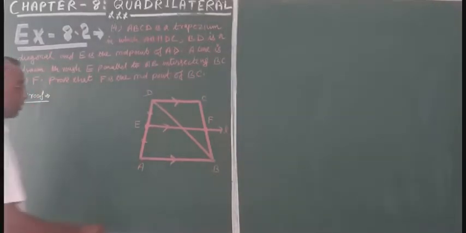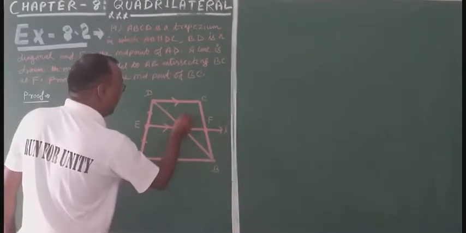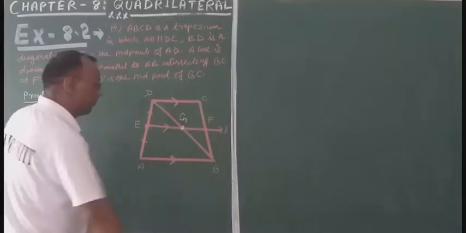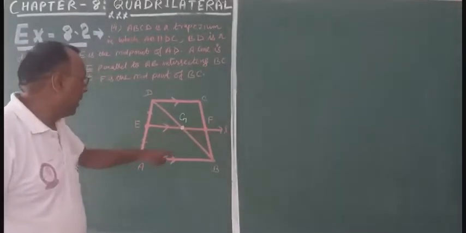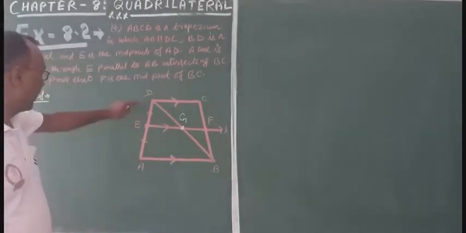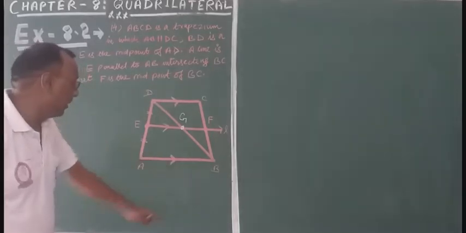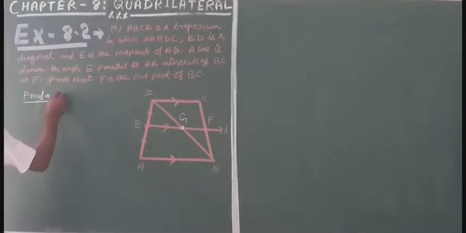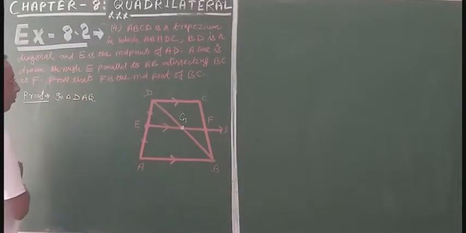Suppose this is the point of intersection G, the point of intersection of this line L and BD. So in triangle DAB, what is there?